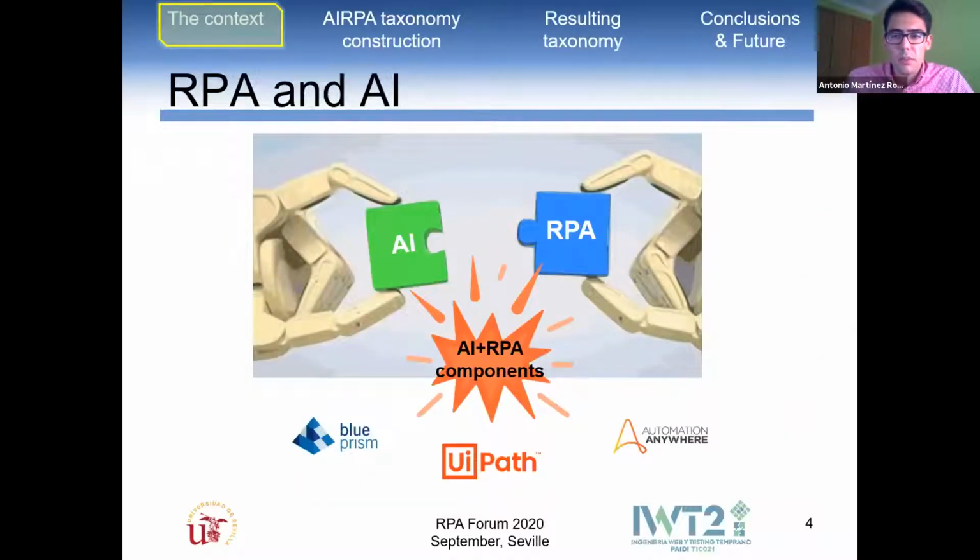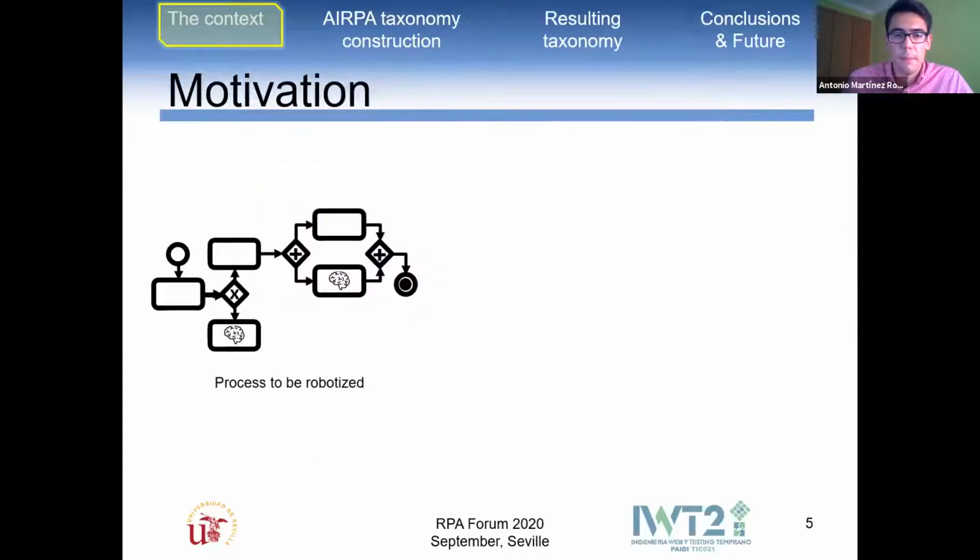Nowadays, robotic process automation is a discipline that is increasingly growing hand in hand with artificial intelligence, enabling the so-called cognitive automation, which translates into cognitive RPA components, or ERPA components, that are offered by the main RPA platforms. What is the motivation for this publication?